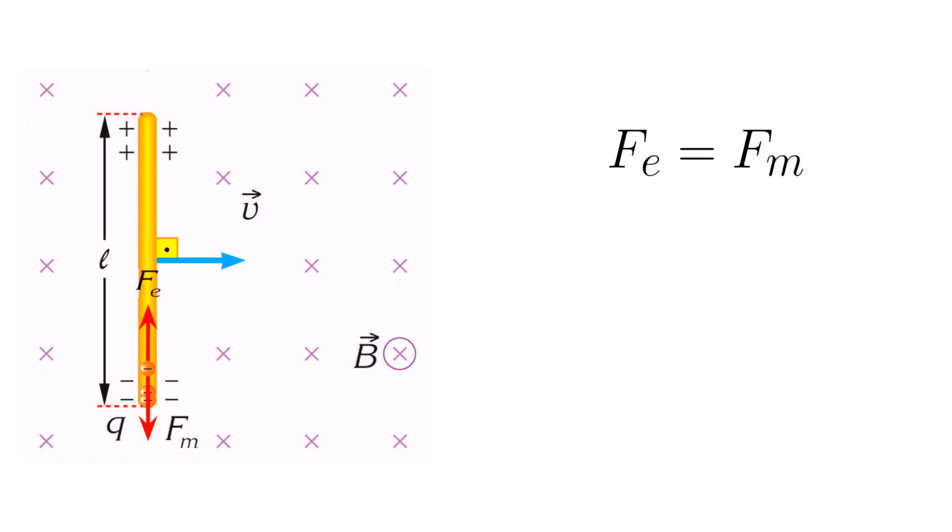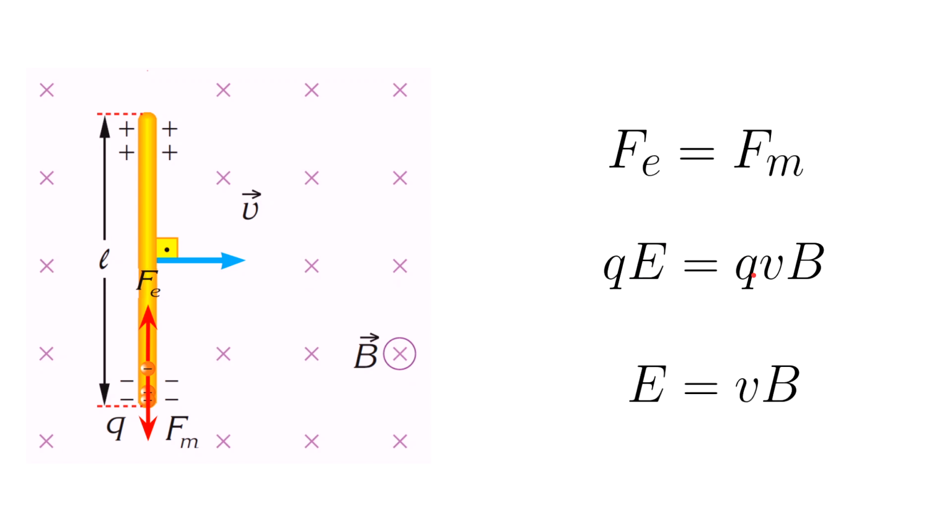So, the electric force is the charge times electric field, and the magnetic force we know is charge times velocity times the magnetic field. And we see here that charges can be cancelled out, and we have an expression for the electric field. So the electric field is velocity times magnetic field.